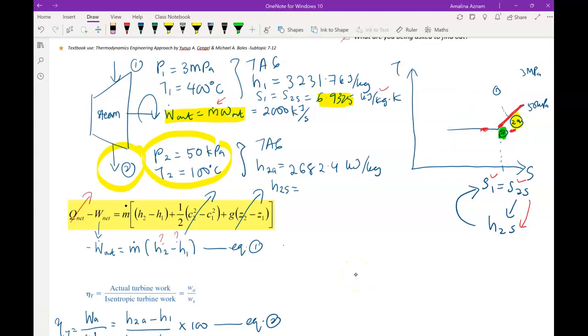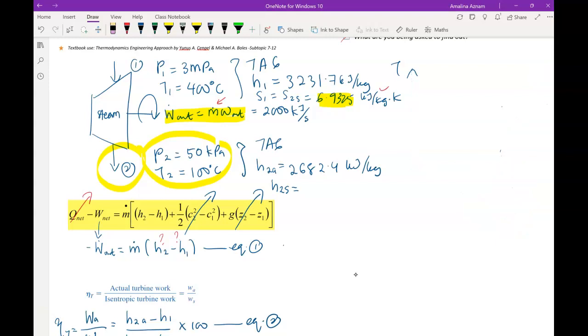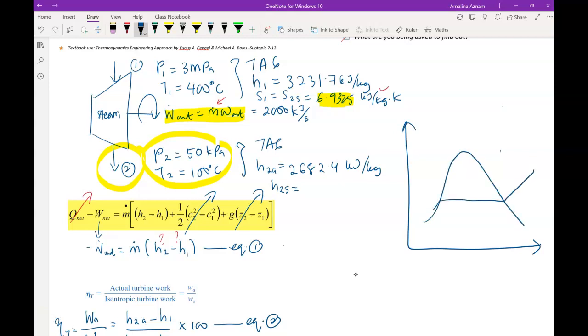Let me redraw this TS diagram over here, because obviously it is in the mixture region. It is going to look somewhat like this, and you have 2 working pressures: one is 3 megapascal and the other is 50 kilopascal.